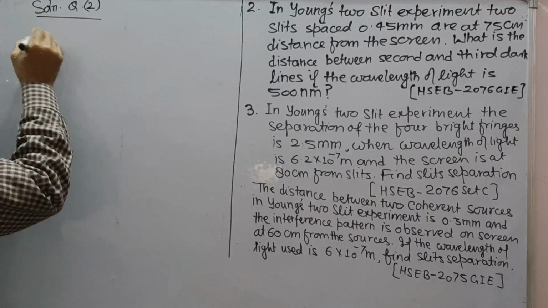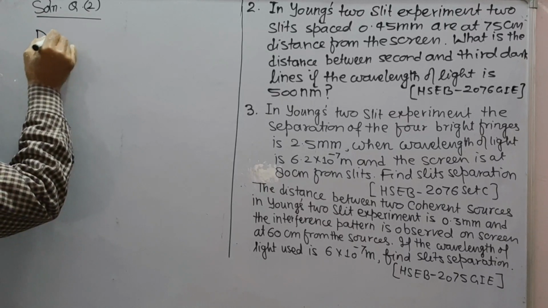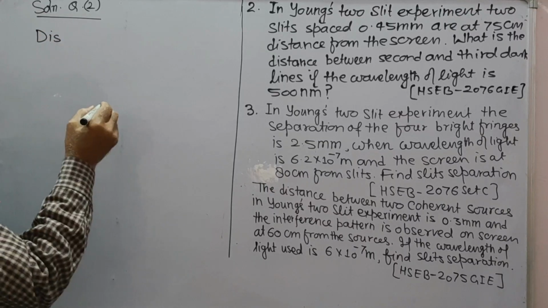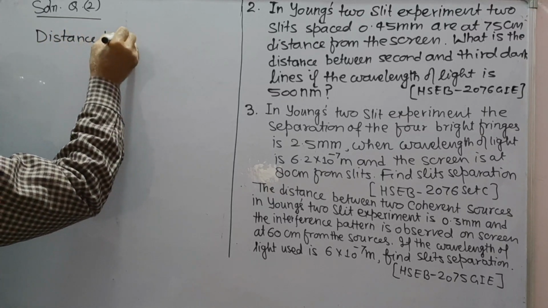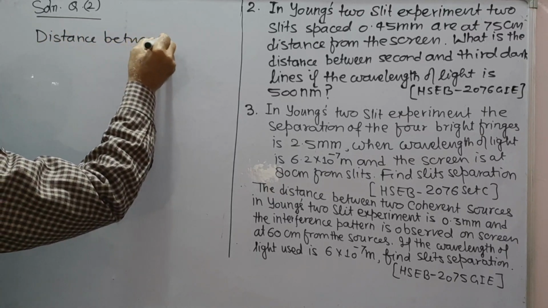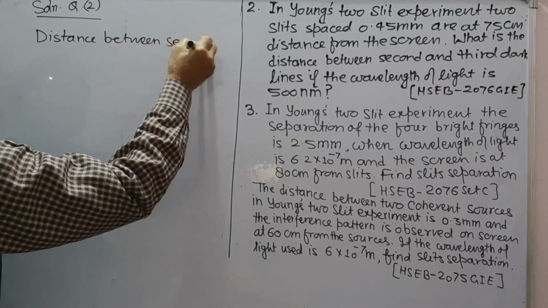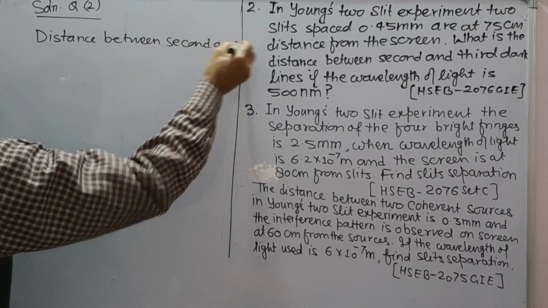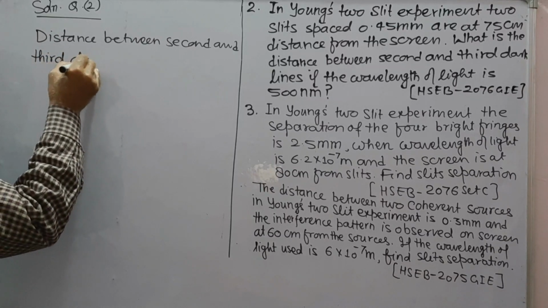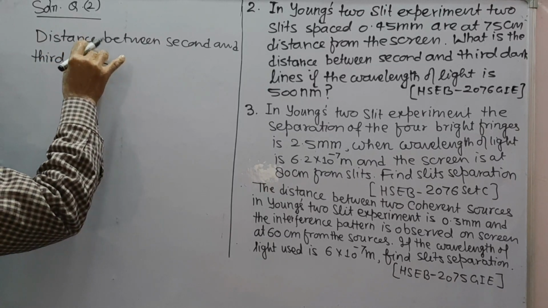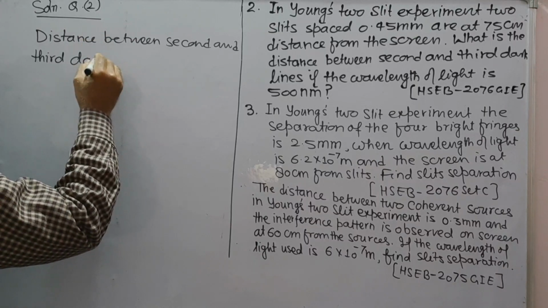We have to find the distance between the second and third dark lines. Dark lines means dark fringes.